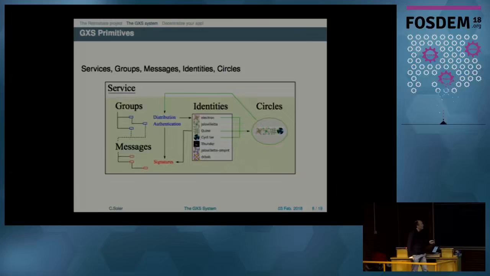So, for instance, I was talking about forums. If you want to see what it is for forums, then each forum is a group, and the messages in the forum will be GXS messages, and then the cycles will decide who is able to see that forum and to post into that forum.